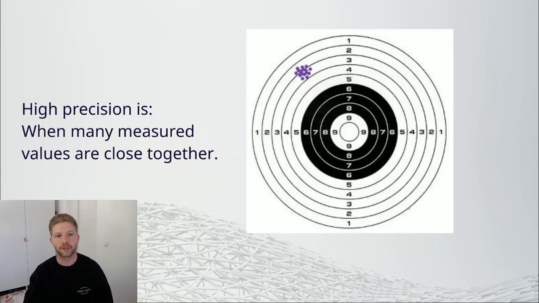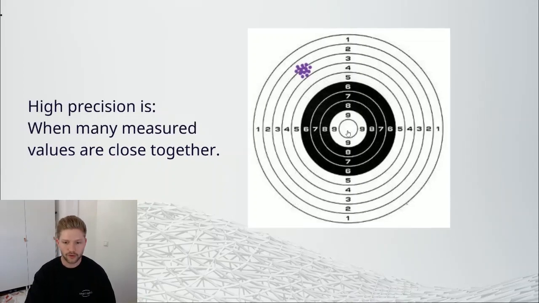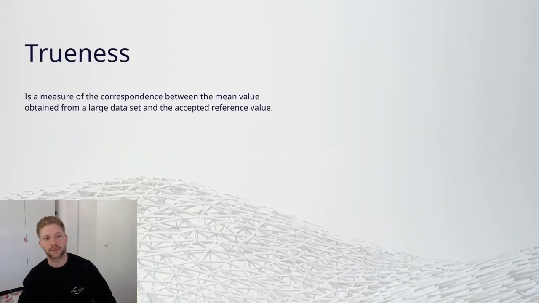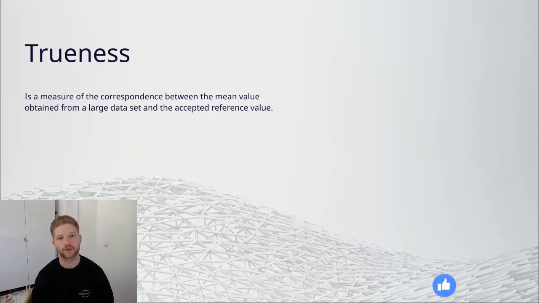The purple points are very close together, so the precision is very high. But you might have noticed it's not in the middle, and we are not at the 10, so the precision is high, but we are not close to the real values. Therefore I'm explaining the definition of the word trueness.